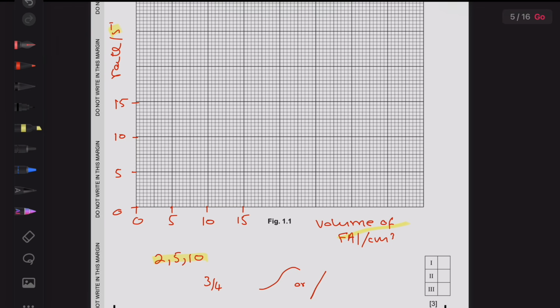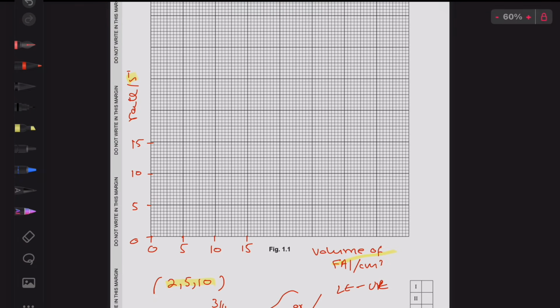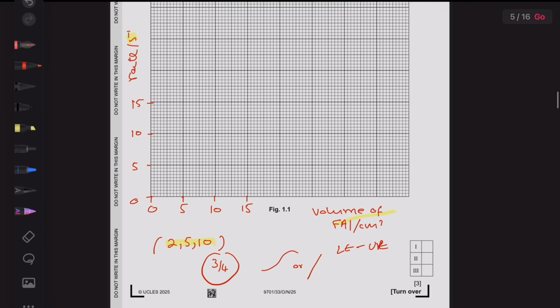When it comes to scales, usually they fall within 2, 5, 10. So either going up in 2s, going up in 5s, going up in 10s. Now you have to see what your lower end value is and your upper end value is, and find a middle ground so that your graph covers at least 3/4 of the grid that they have provided for you. You also need to be mindful of and aware of the types of experiments that you carry out.